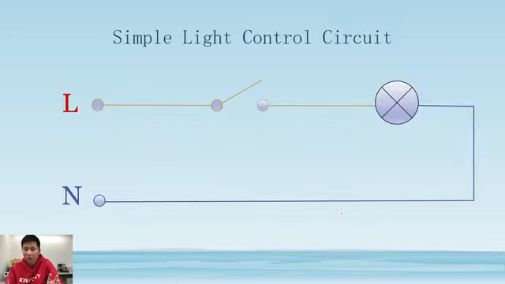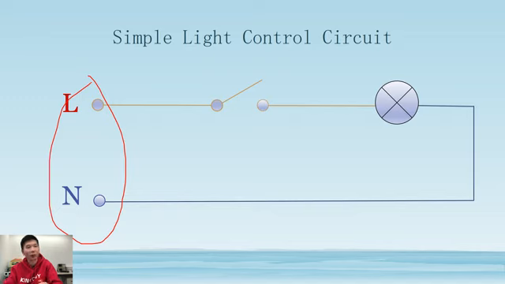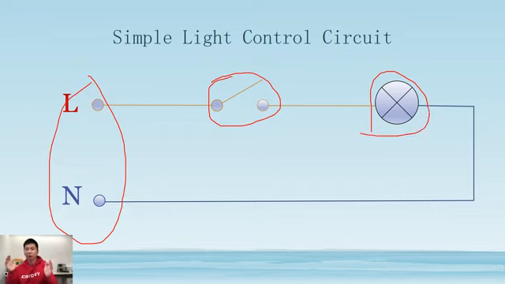Okay, you can see this is the simplest light control circuit. This is the power, 220 volt, and this is a switch, and this is a lamp. Just these three parts make up the simplest light control circuit.